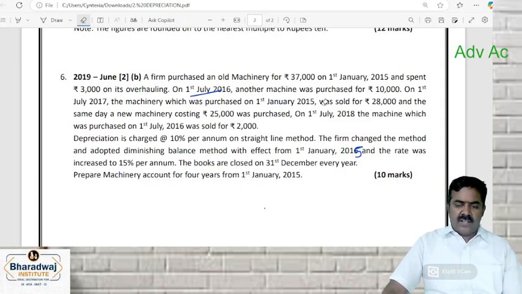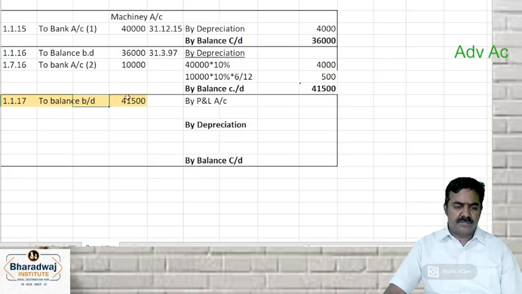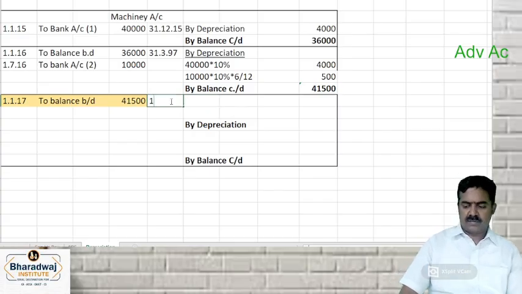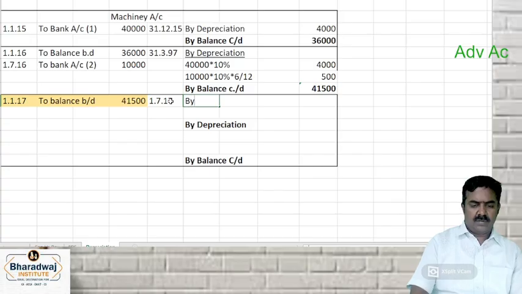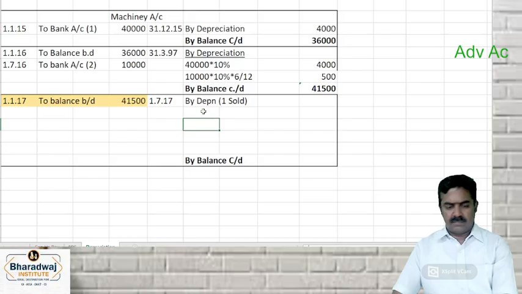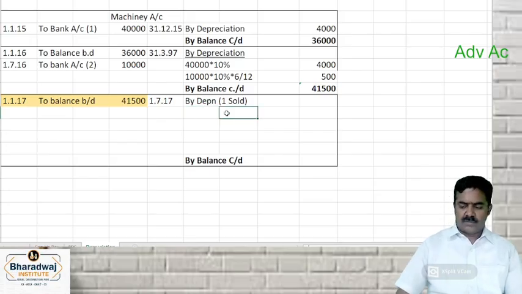Look at 2017. In 2017 we are selling. When are we selling? By depreciation first for the first machine sold. Depreciation, SLM, 40,000 into 10% for 6 months.